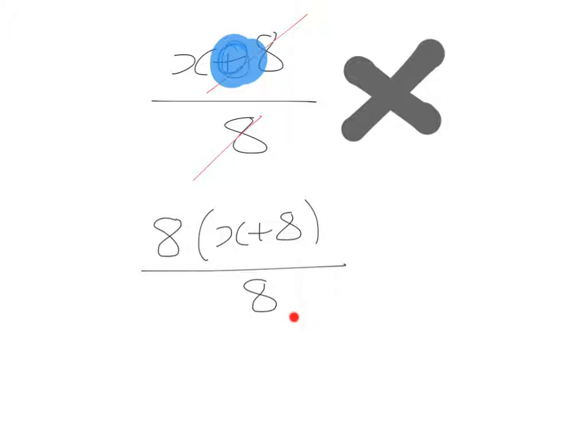This is just essentially 8 times 1. In this scenario, we can simplify it because this is multiplying the top and this is on its own. And that would leave me with the expression x plus 8. You can only simplify algebraic fractions when things are multiplying. When we've just got adding, we can't cancel out terms at the top.